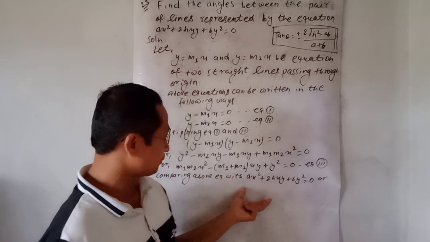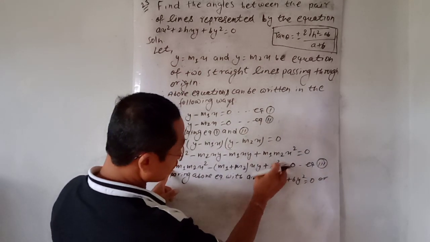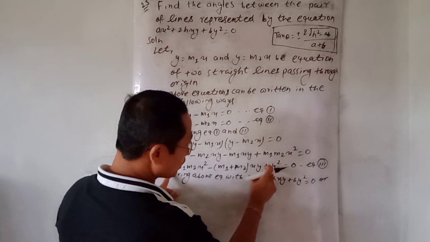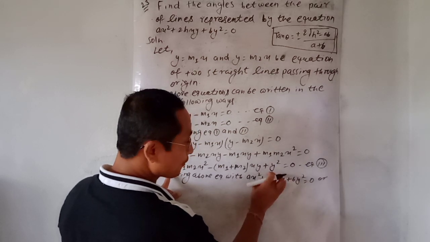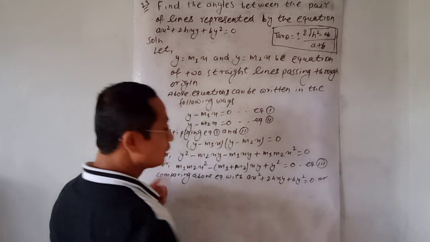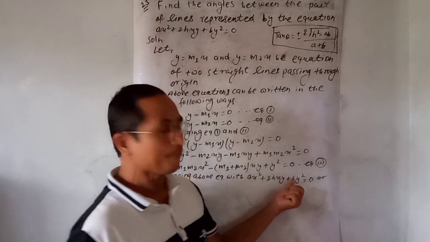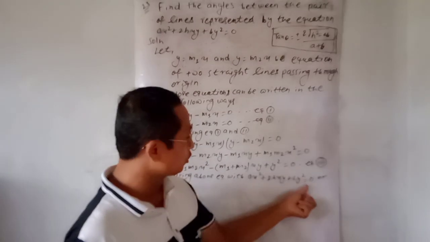When we compare this equation, then here y square and by square, it means here the coefficient of y square is 1 and here the coefficient of y square is b. That's why in order to make them similar, with b we have to cancel. When we cancel, it must be divided by b on both sides.